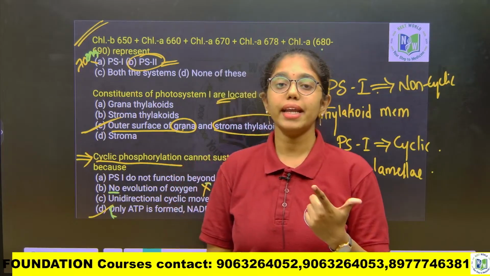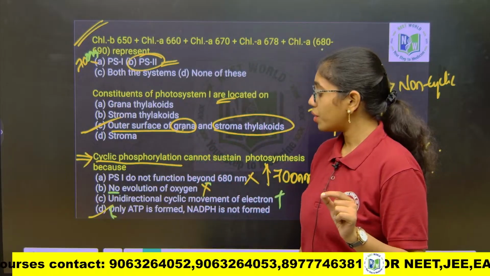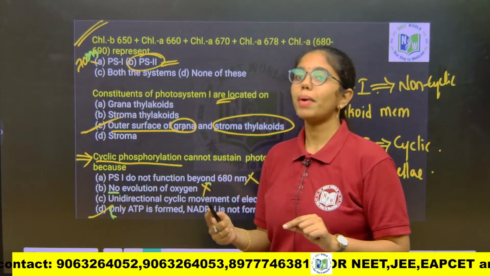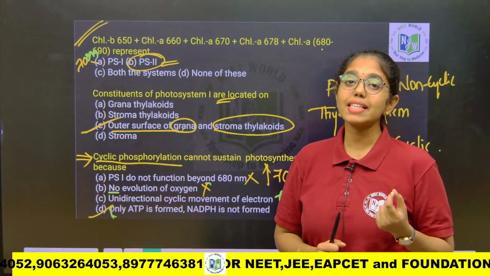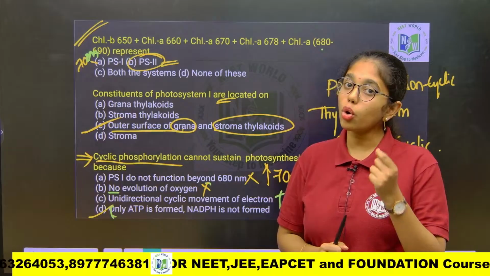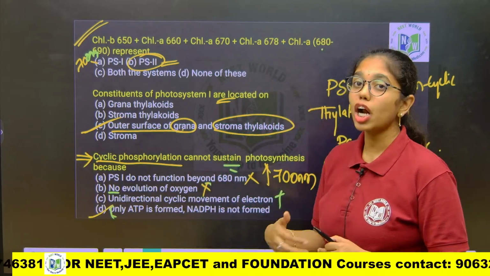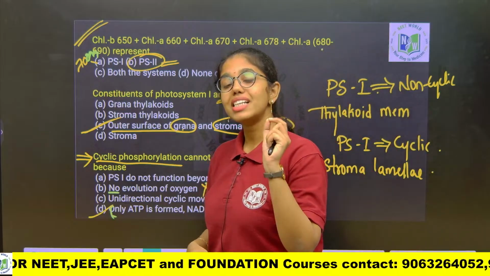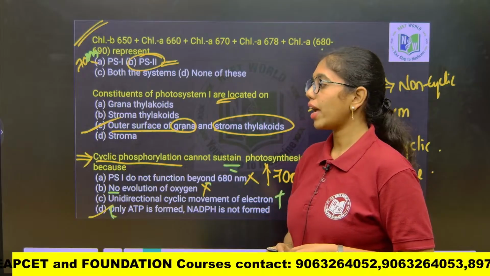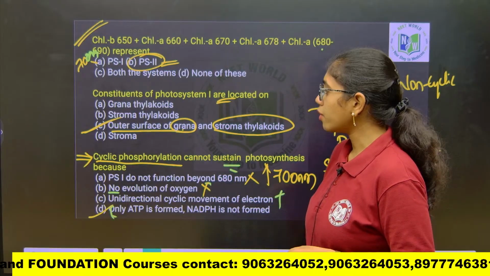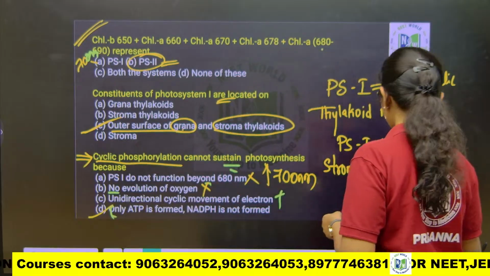ATP and NADPH are formed in non-cyclic photophosphorylation, which is helpful for the biosynthetic phase, whereas in cyclic photophosphorylation less energy is released, only ATP is released. So, that is how photosynthesis cannot sustain, because less assimilatory power is released at the end of light reaction in cyclic phosphorylation. Clear? So, it will be option D.